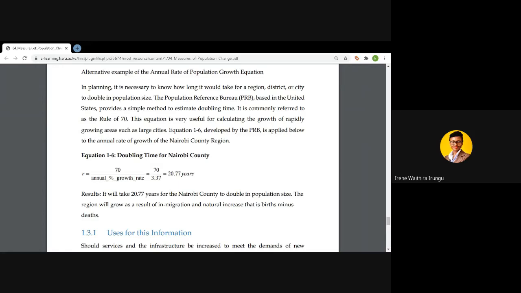With such a prediction, a planner should be able to determine if our population will be doubling within the next 20 years, what measures do we need to put in place within that span? Do we need to increase our schools, facilities? Do we need to expand our road infrastructure? All those things can now be guided by these particular estimates.